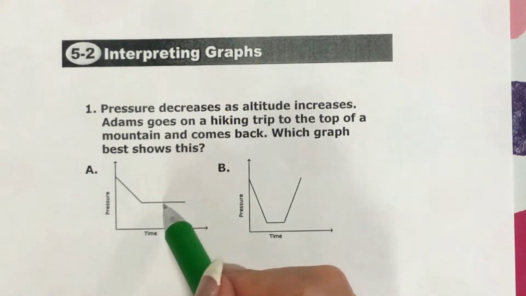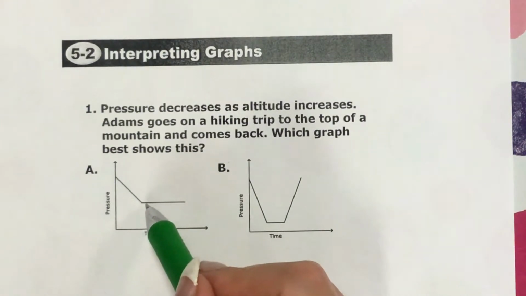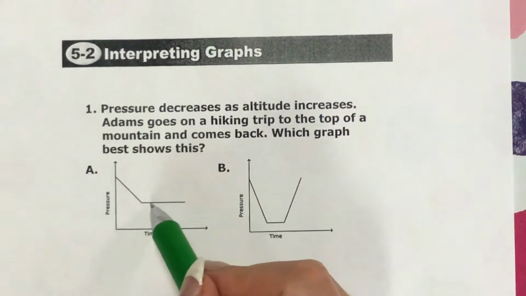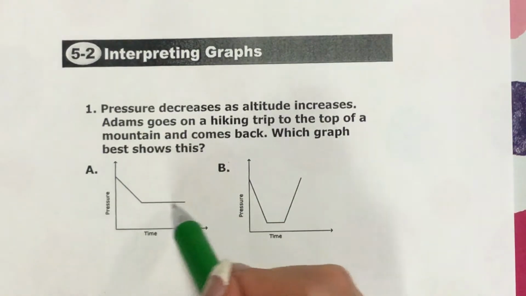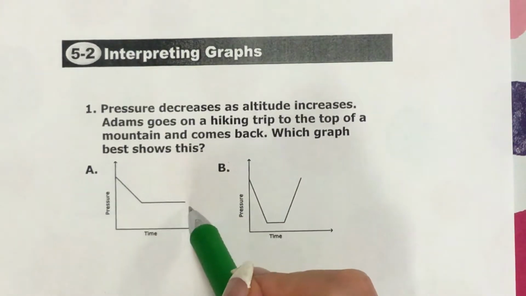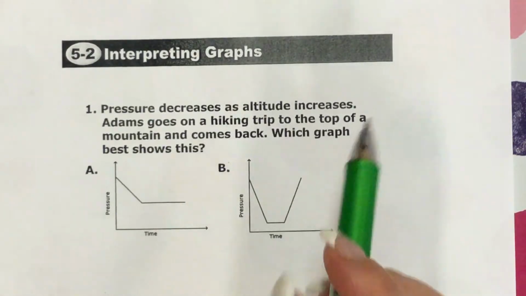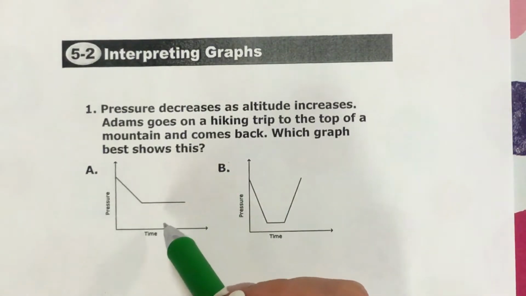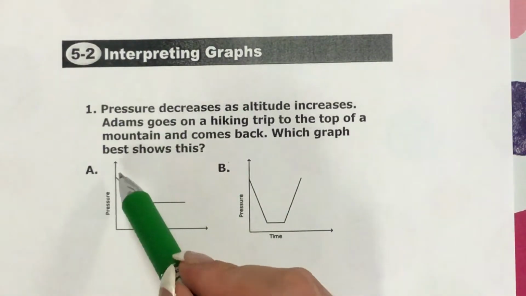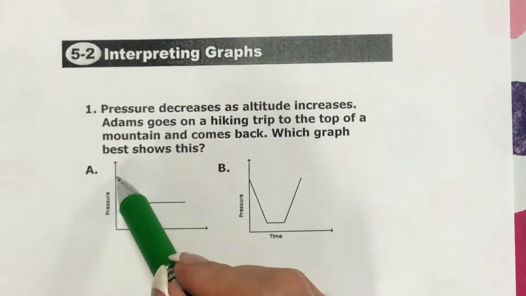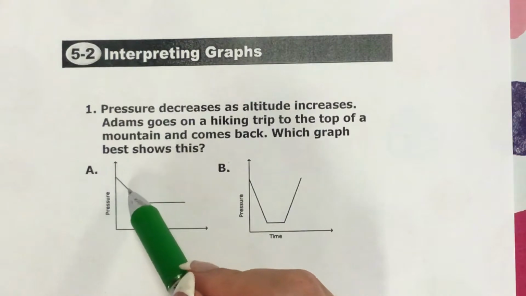And then what this states is that he gets to a point and he stops, and the air pressure at this point is just consistent. Okay? And I don't know if this would not fit the situation, because this part is true. The air pressure is high as he hikes and he gains altitude.